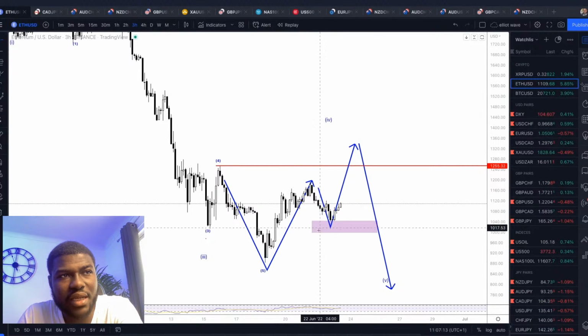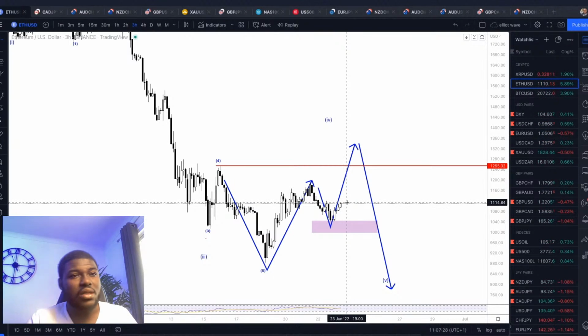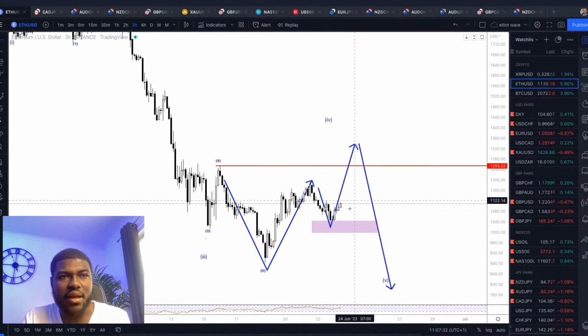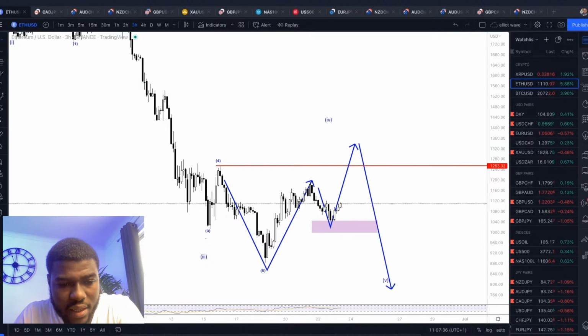So now price has judiciously entered into the territory of this potential reversal zone, and you see price has started bouncing up from there, and we have started seeing the bullish candlesticks following one another. So I think Ethereum is going to be going higher from this region. We're going to be seeing more highs. Okay, so that's what I'm expecting for Ethereum.